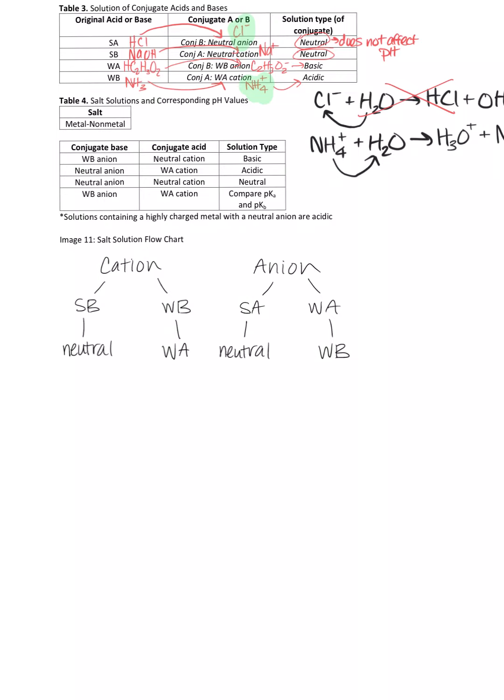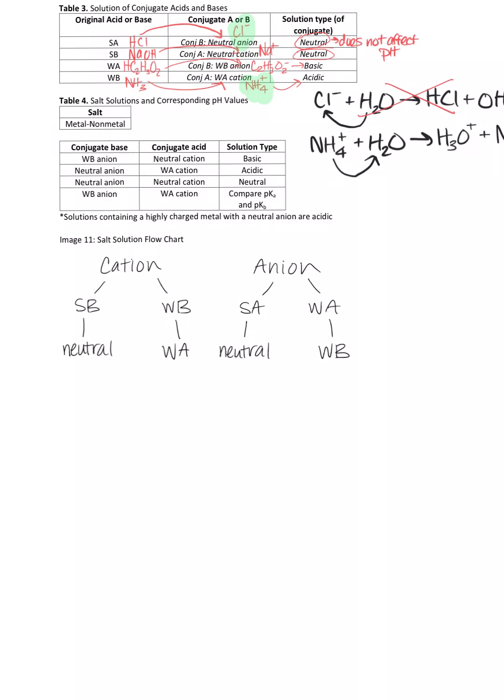So we know that a salt is going to contain both components, a metal and nonmetal, or a cation and an anion, to form a neutral compound. And when I say neutral in this sense, I mean there is no resulting charge between the two. The two ions balance the charge out to have a neutral compound.